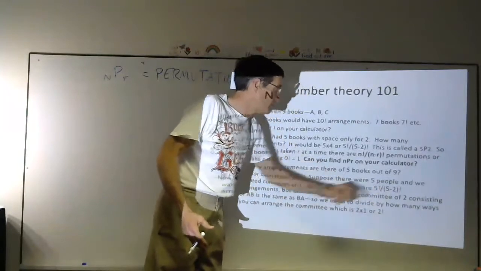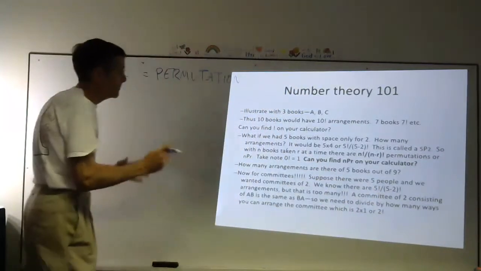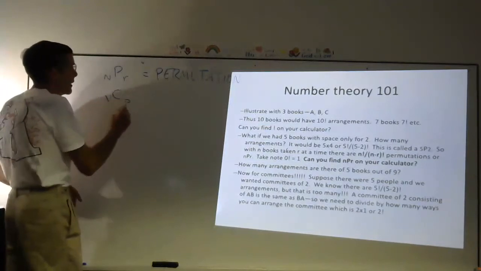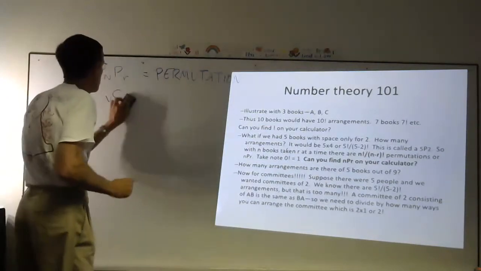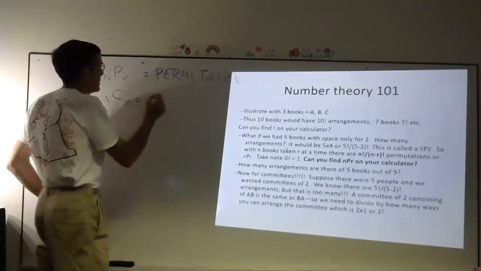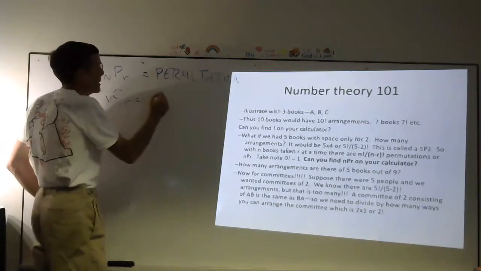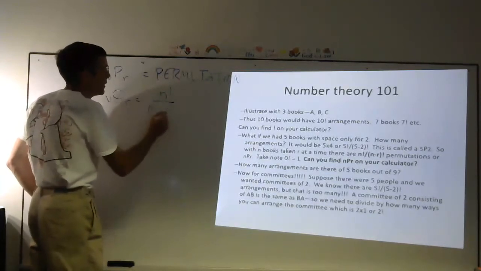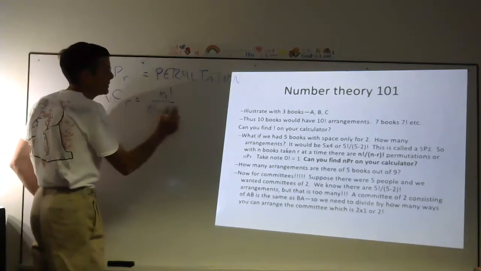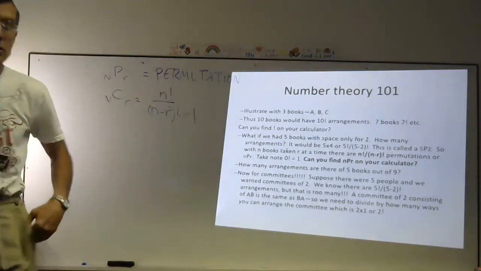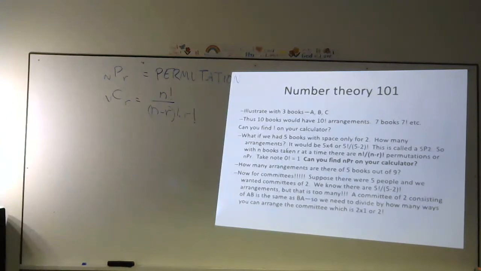So the formula for a committee is nCr, which is going to be capital N or small, it doesn't matter. N factorial over N minus R factorial gives you arrangements, and then also divide by R factorial, and you will get the committees.